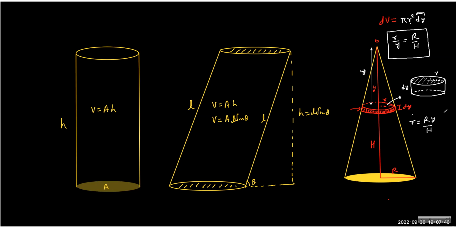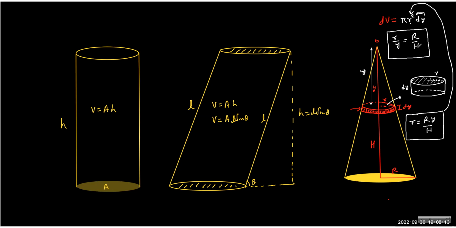Because we know r in terms of y, what we can do next is substitute this r here. And once you do so, suddenly it becomes integrable, because it's going to be a function of y itself. So what will be the volume? Can you tell me the answer after substituting?